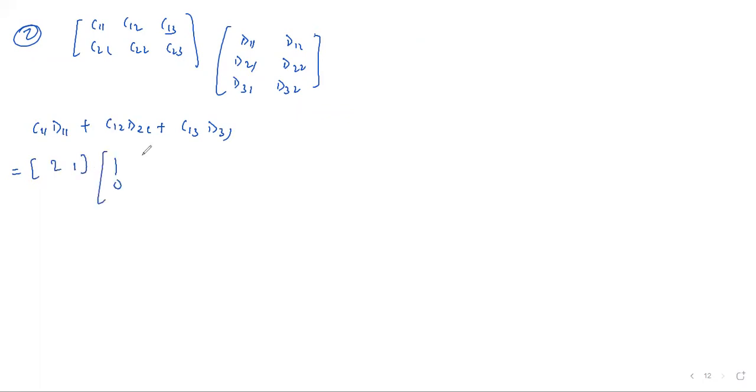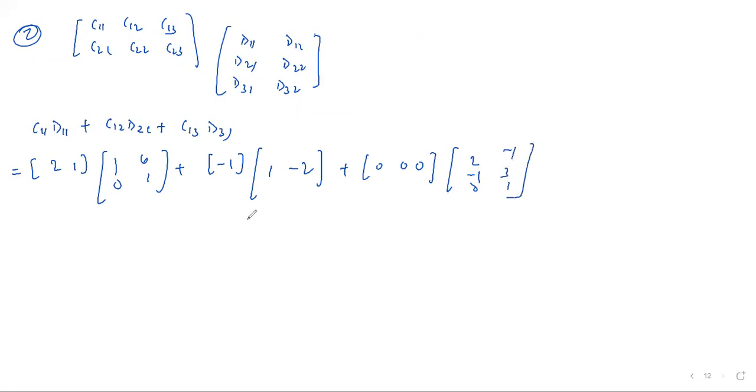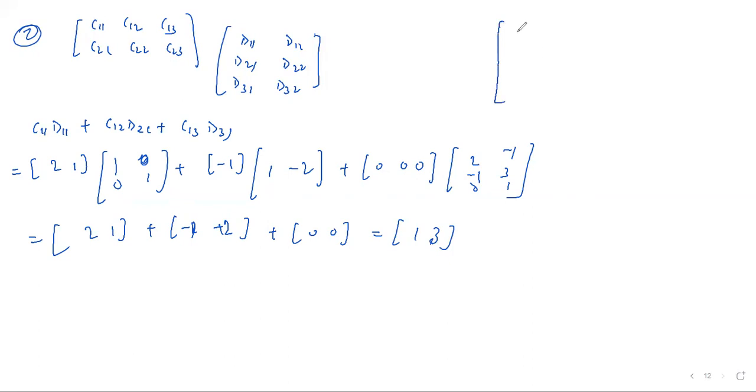In D11 we have 1, 0, 0, 1, plus C12 is minus 1, D21 is 1 minus 2, plus 0, 0, 0, and D31 is 2 minus 1, 0, minus 1, 3, 1, and that will be equal to, let's just multiply them. 2, 1 plus, this is normal multiplication, minus 1, minus 2, minus 1 plus 2 plus 0, 0, and this is giving us 1, 3, 1, 3. So this is my first multiplication, which I have to write here, which is 1, 3.